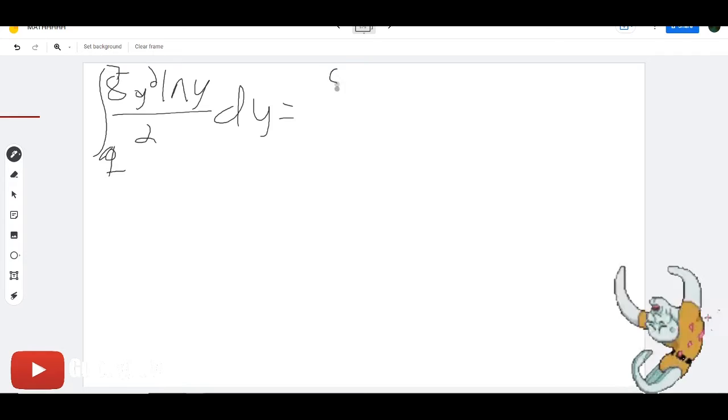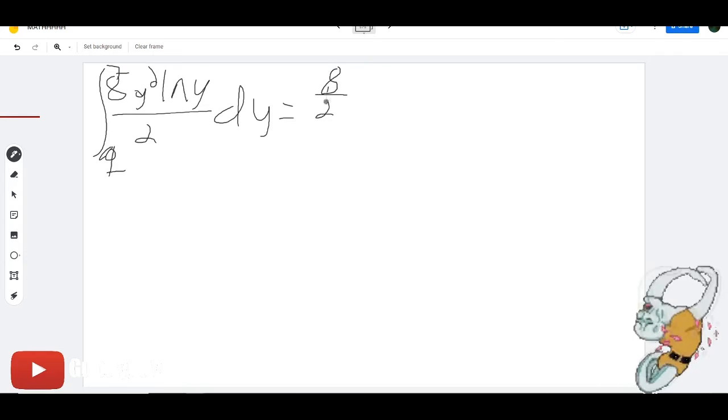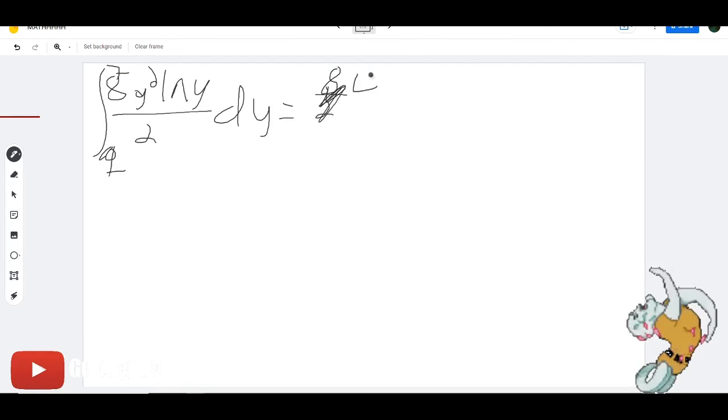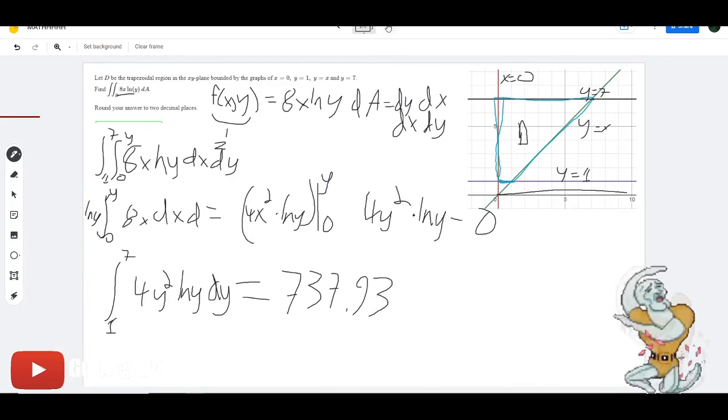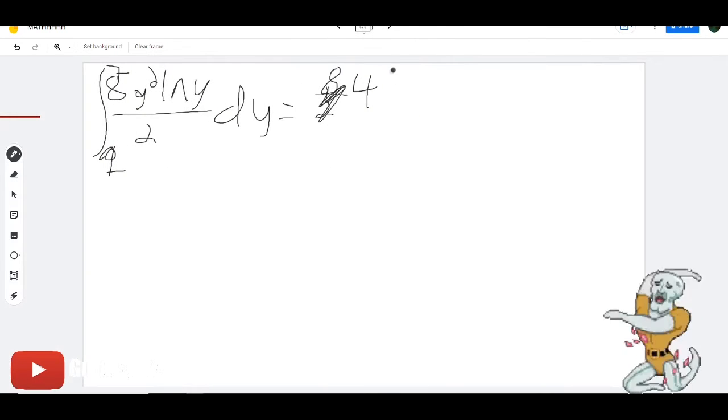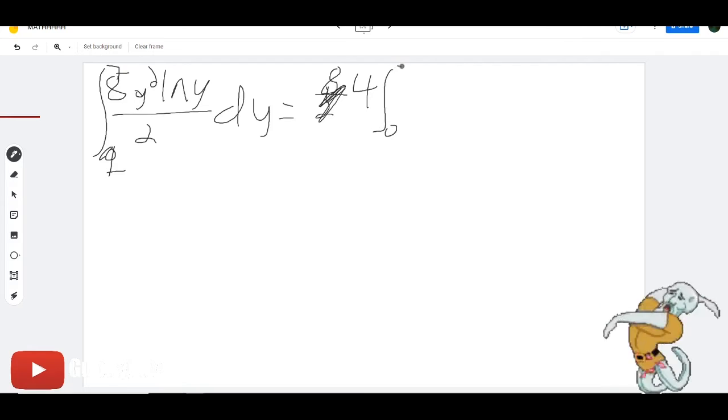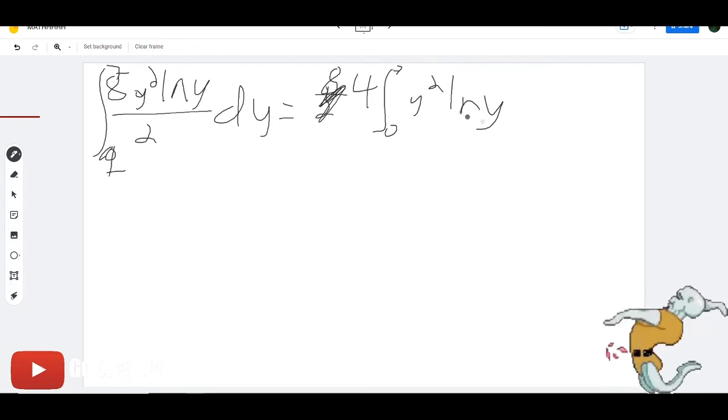We can rewrite this as 8 over 2 on the outside, which is 4. So 4 times the integral from 1 to 7 of y squared ln y.